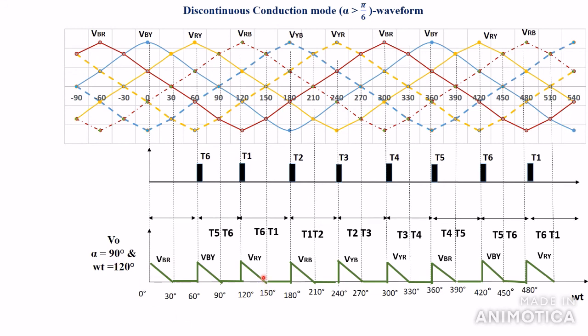Okay. So if we see here, VRY is the load voltage from omega t equal to 120 to omega t equal to 150. We will consider this for deriving the average value of the load voltage.